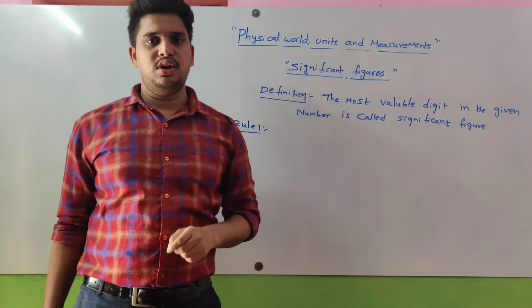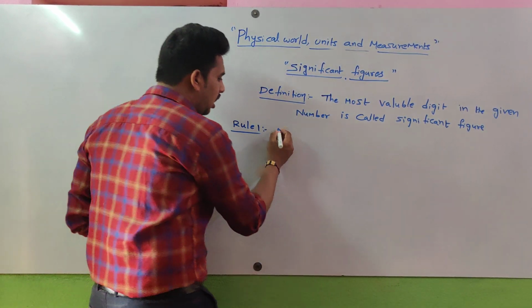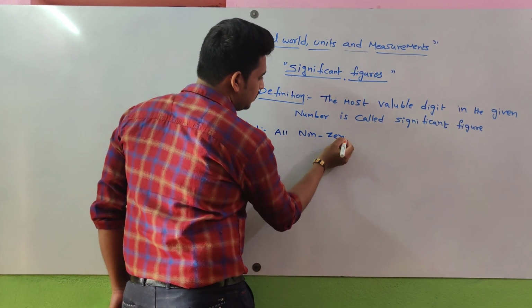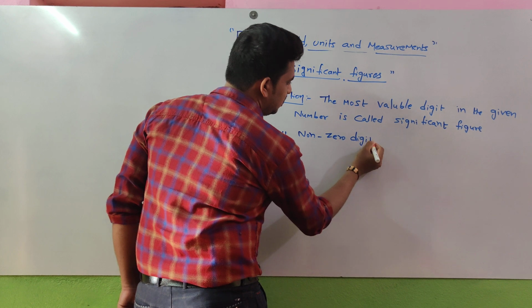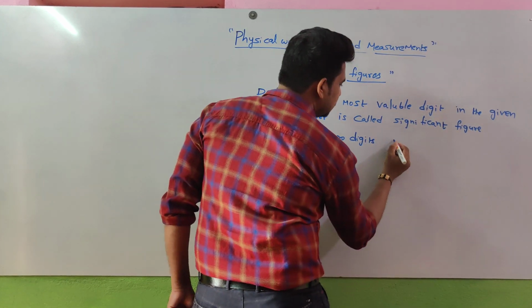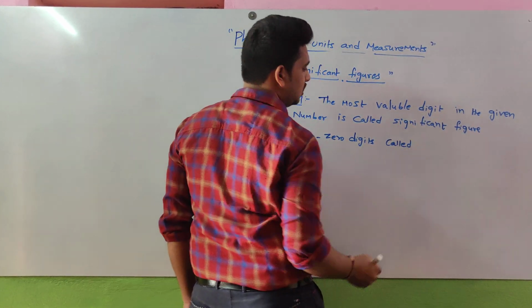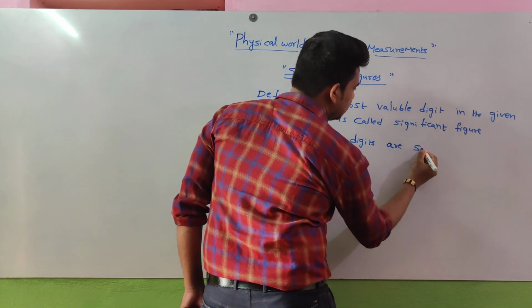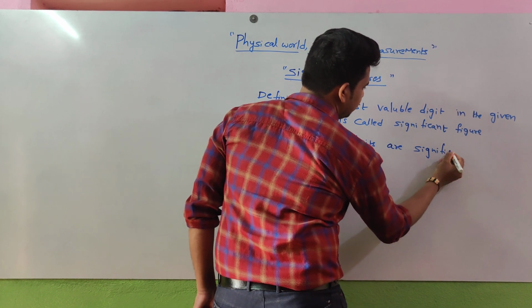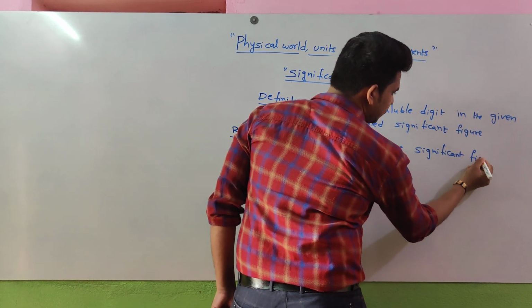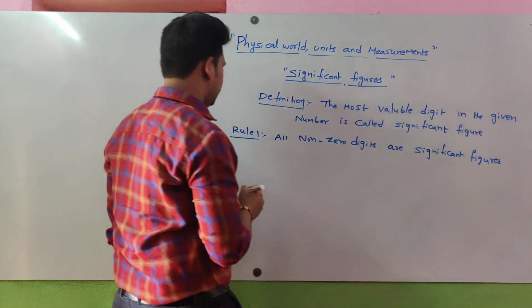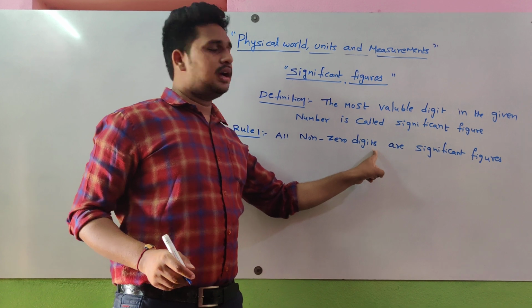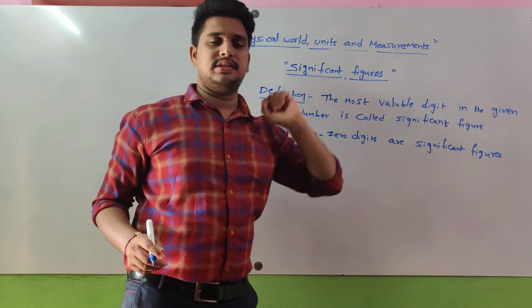Rule 1: all non-zero digits are significant figures. Observe here, all non-zero digits are significant figures.